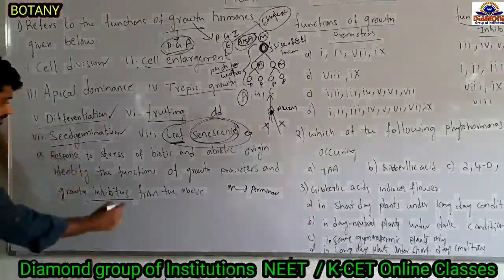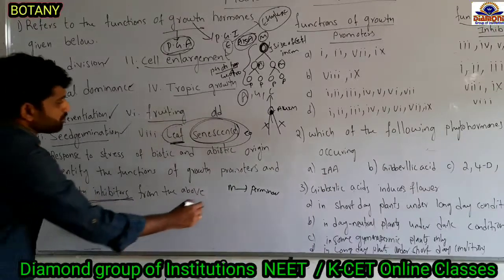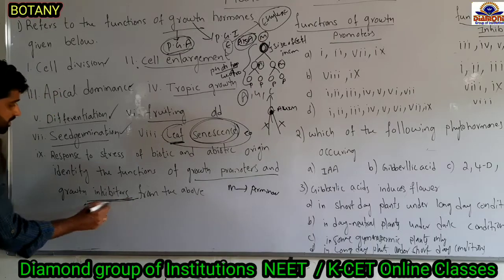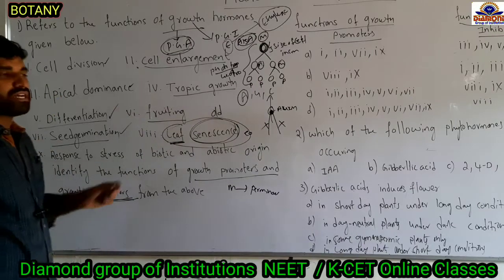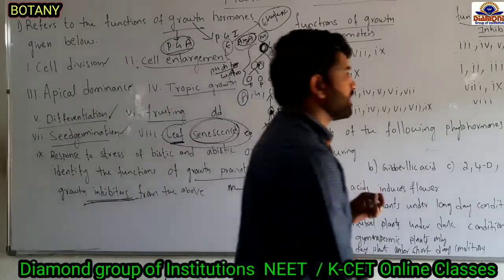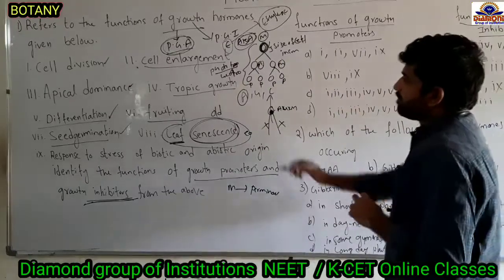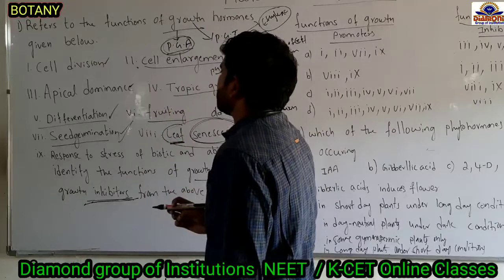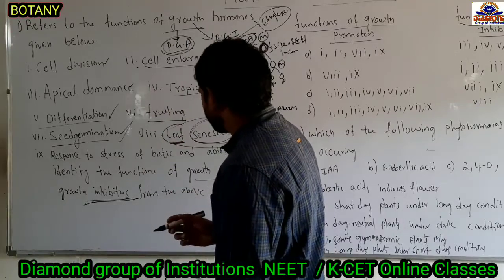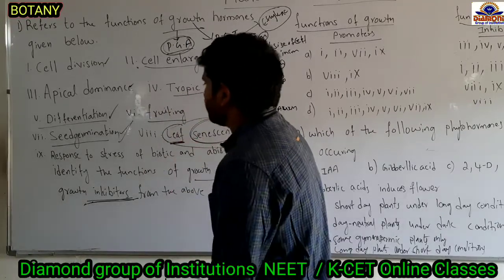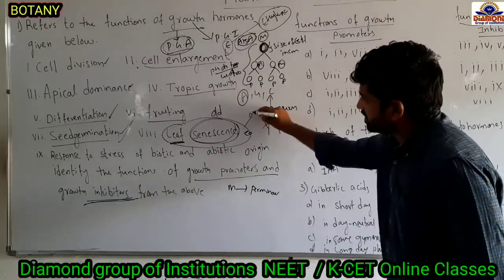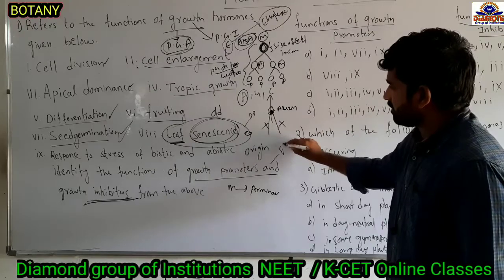As usually mentioned, we have to look at the growth promoters and also the inhibitors. Both growth promoter and inhibitor characters are seen in ethylene. So up to the 7th we can call them plant growth activator characters, and 8th and 9th we can consider plant growth inhibition characters. 8th is the character of abscisic acid, 9th is the character of ethylene.